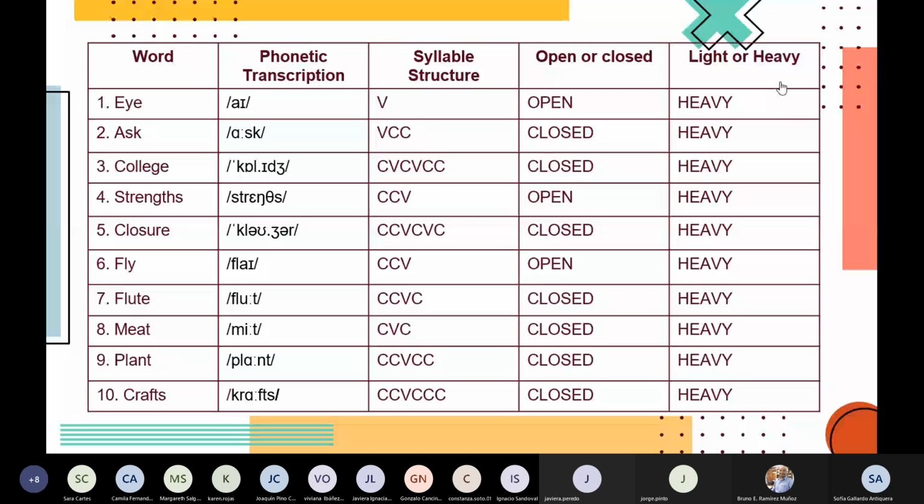Whenever you have long vowel sounds like E, remember the long and tense E, the U, O, ah, as in car, whenever any of those long vowel sounds is the nucleus, heavy syllable. Okay, so a long vowel sound or a branching onset or branching coda, that is two or more consonant sounds to the left or to the right, we're talking about a heavy syllable.